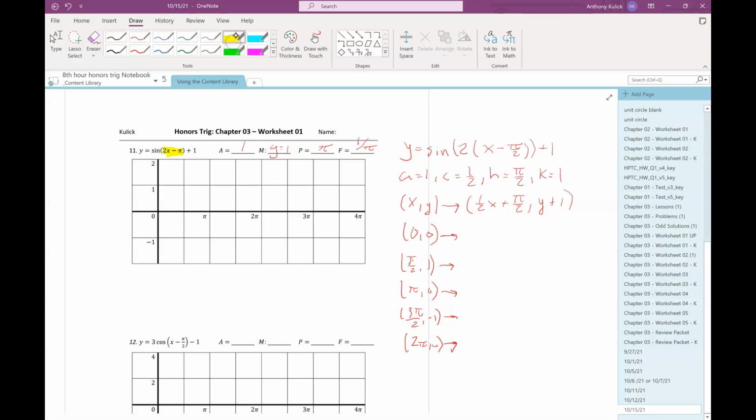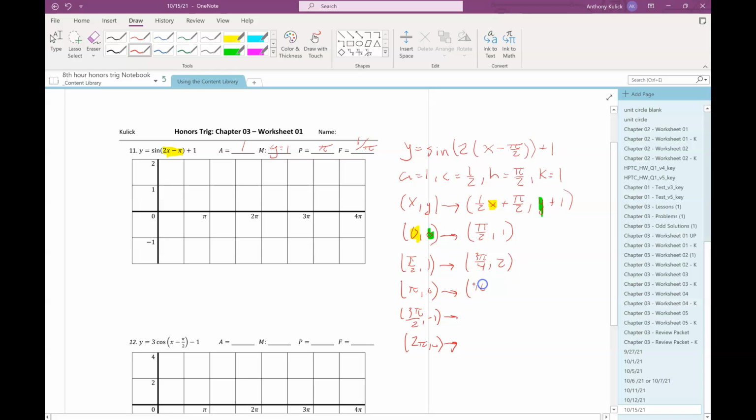And now to get my new points, I'm going to take the x from my parent function and plug it in, and the y from my parent function and plug it in. I'm going to do that for each of these 5 points. So I get pi over 2, 1, and so on. Let's see, that's going to be 3 pi over 4, and then 2.